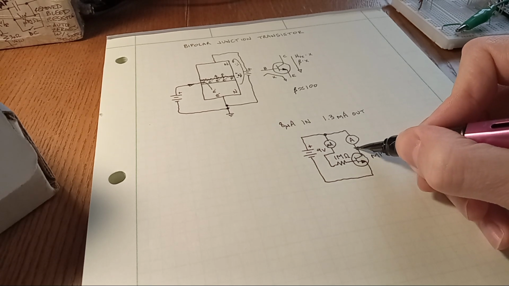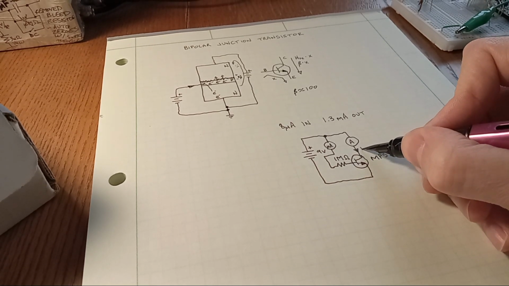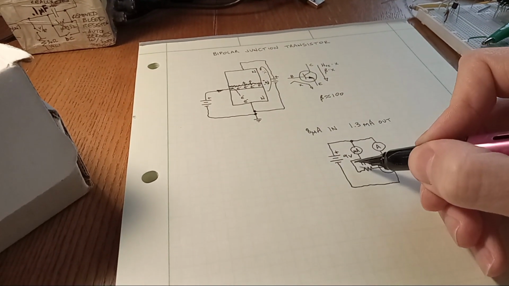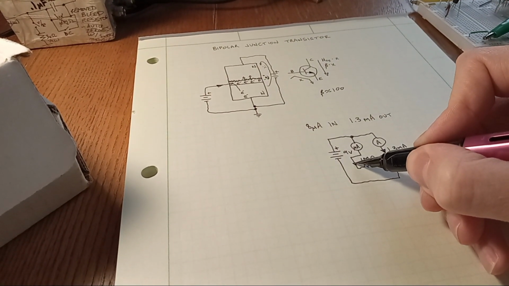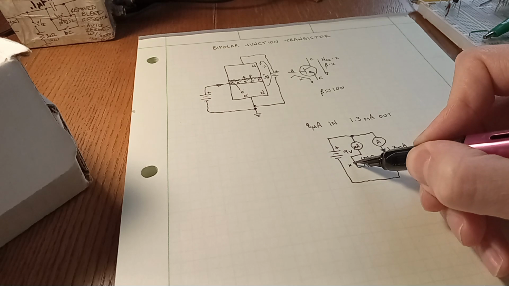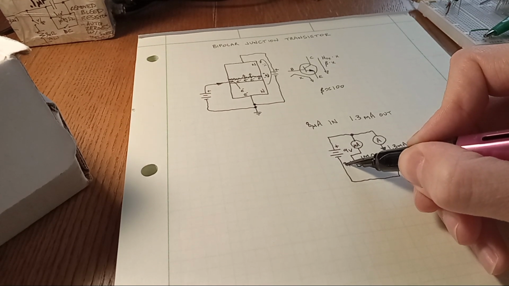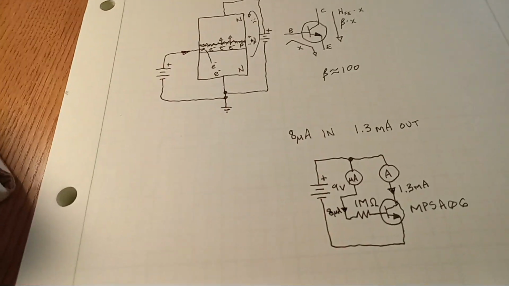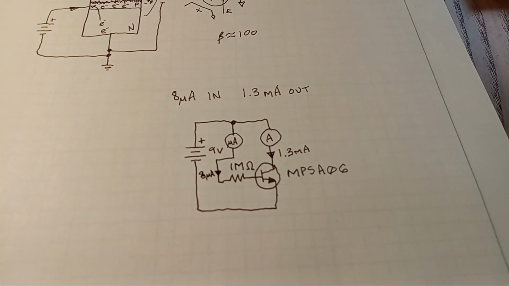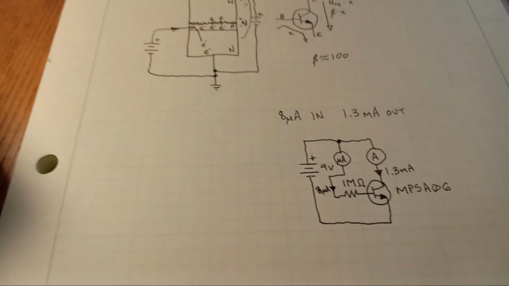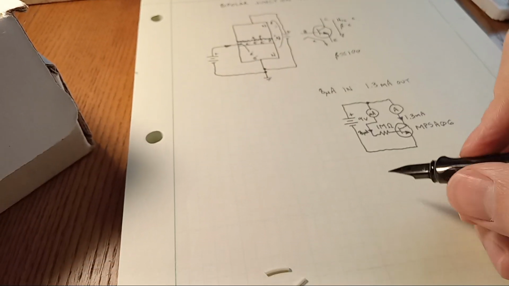So what we found is that the current flow here was 1.3 milliamps, and the current flow here into the base was 8 microamps. From this we can calculate the beta, the DC current gain of the transistor.